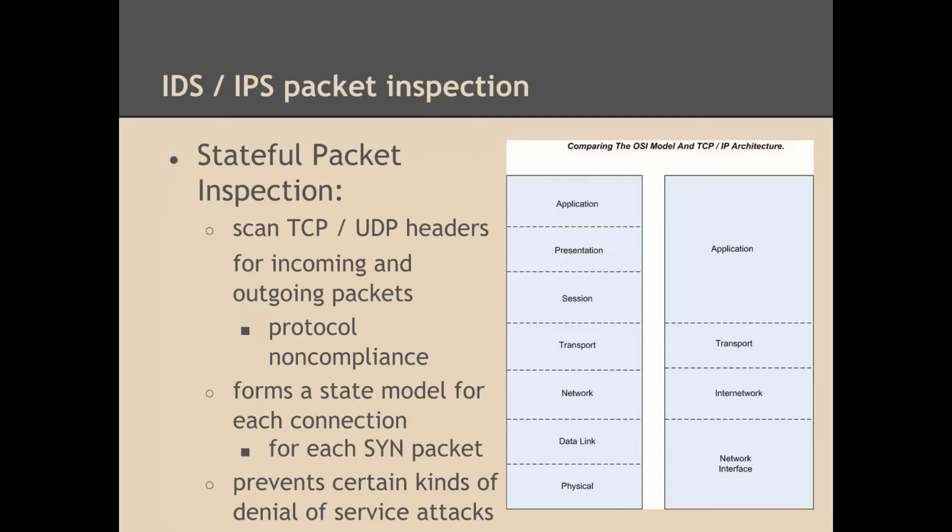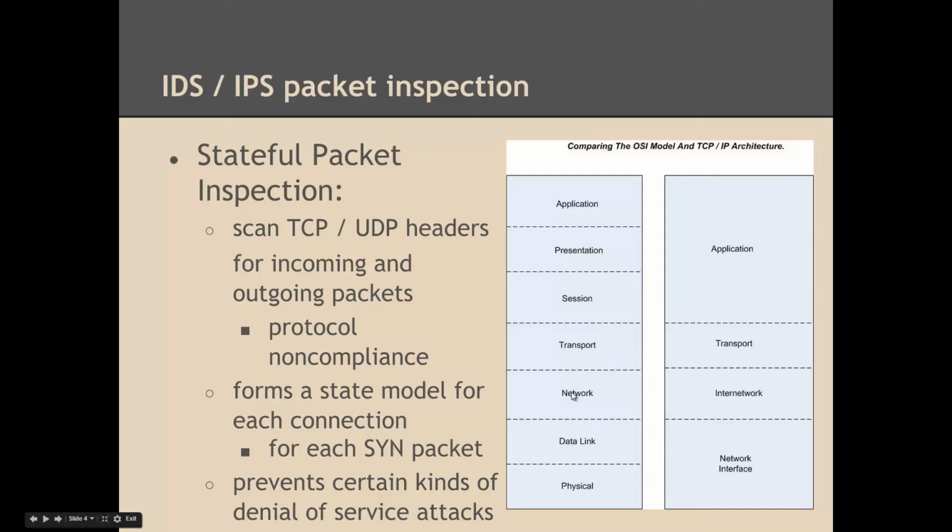Now, IDSs and IPSs that have that technology to be able to piece things back together do something called stateful packet inspection. At its core, stateful packet inspection is primarily just for monitoring TCP sessions for anomalies, for perhaps protocol noncompliance, and monitoring UDP sessions, or rather just flows, for anomalies and signs of attacks.